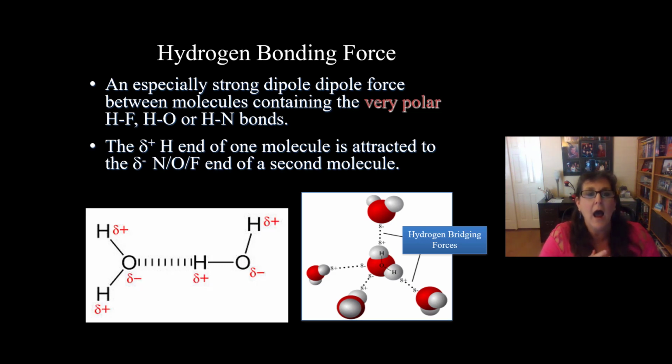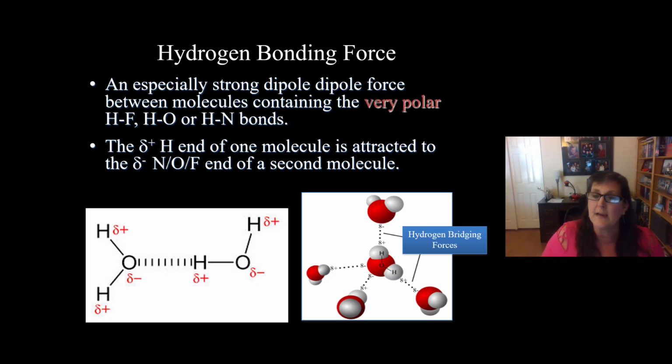So it makes a hydrogen bond. It's not really a bond, it's a force, right? That's why some people call this a hydrogen bridge, because it looks like a bridge from the H to the N or O or F of a second molecule. That's where hydrogen bridging comes from, but we'll call it hydrogen bonding today. But it's not a bond. Remember, it's not a bond.